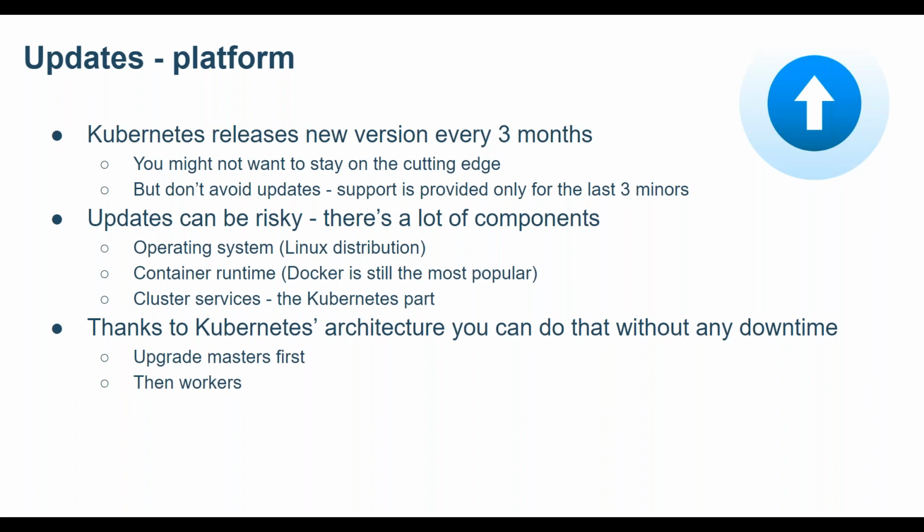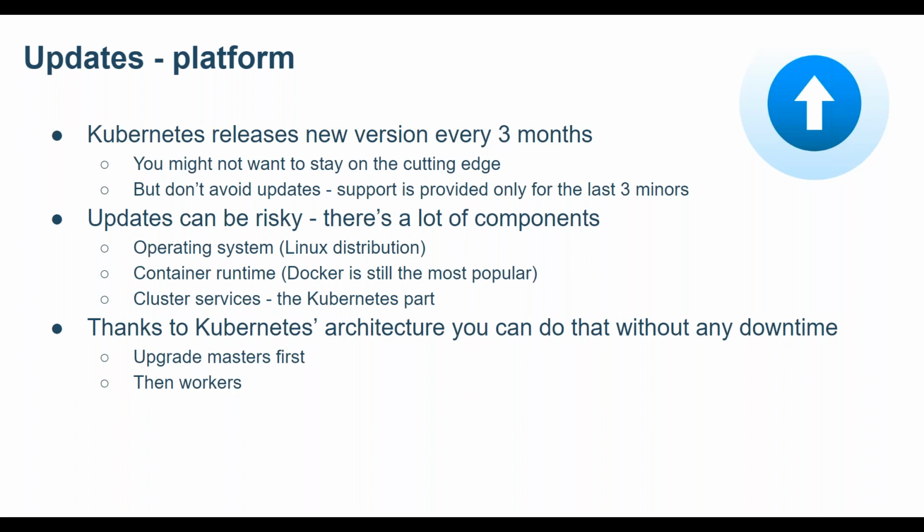Two important things around this 3-month cycle to note. First one is that people often tend to stay one minor release behind. That's generally a good idea, and I would recommend it as well. Because usually a new release is around new features. If you're not one of the users really interested in the new supported cases, let others test that and stay one minor release behind.